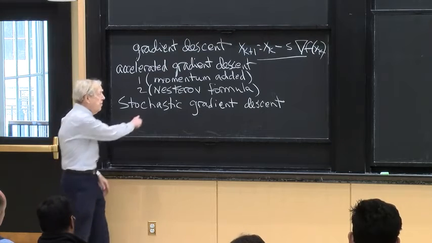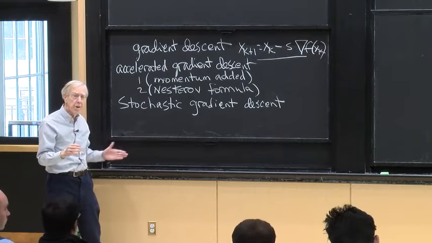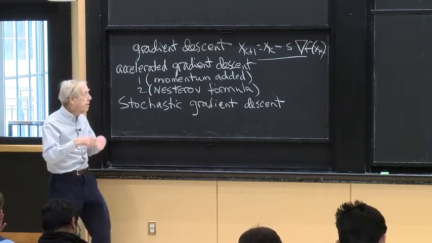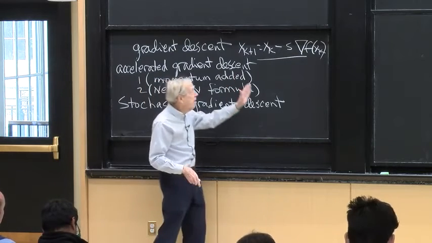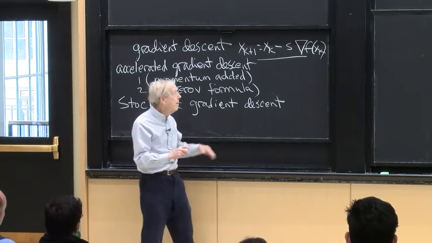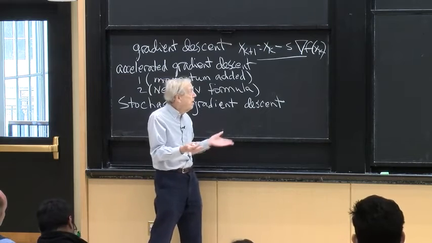Okay, and then looking ahead, for problems of machine learning, they're so large that the gradient, we have so many variables, all those weights are variables, and that could be hundreds of thousands, which is not uncommon.